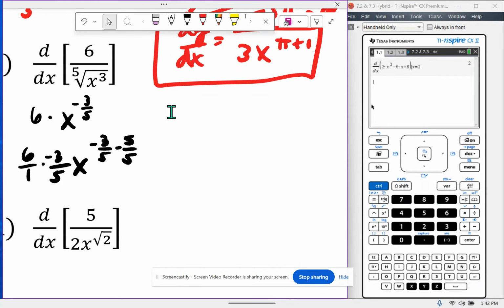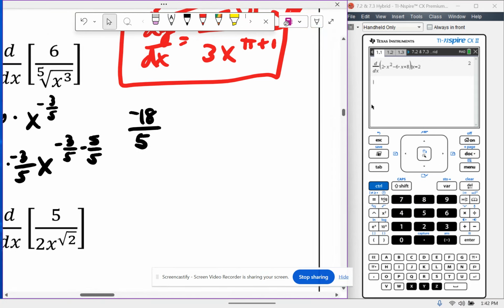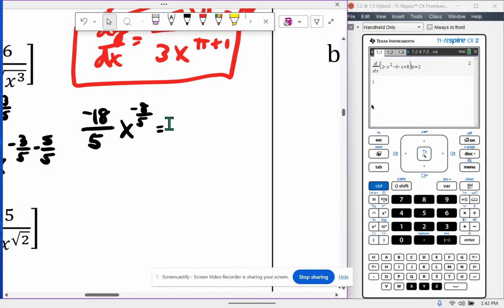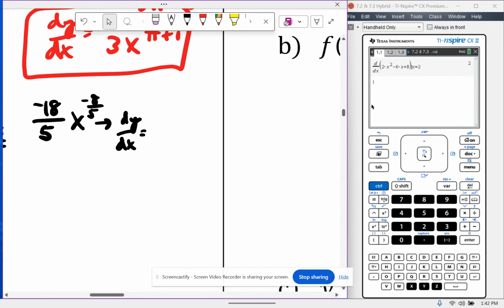Oh, this one's ugly too. All right, got to think for this one. Negative 18 up top.